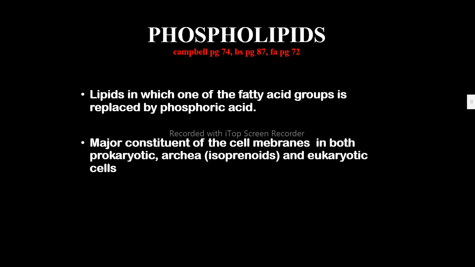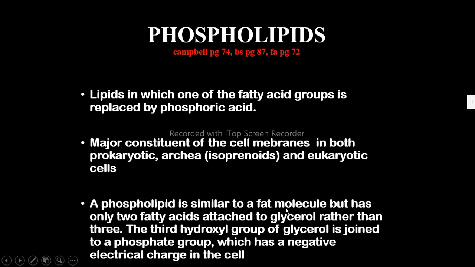It is that phosphodiester bond that is going to maintain that phospholipid molecule intact the way it is. It is a major constituent of the cell membrane in prokaryotes, archaea, and eukaryotic cells. Majorly, all cells have what we call phospholipids.